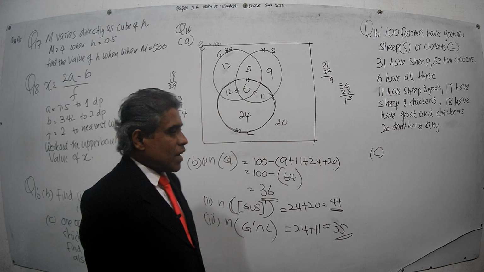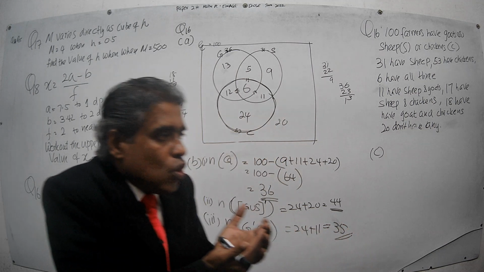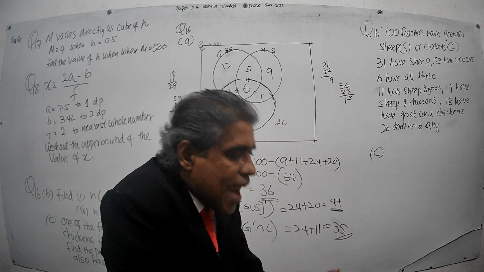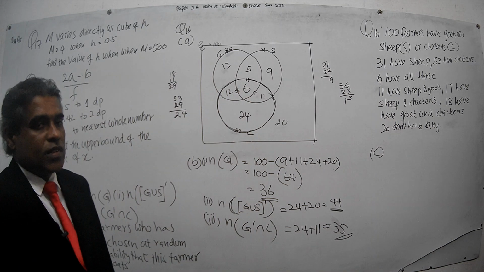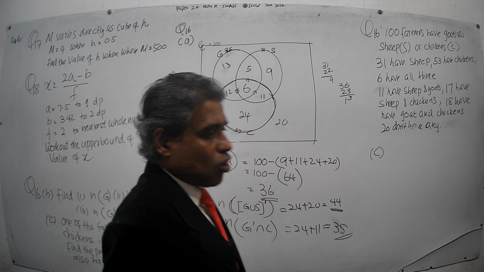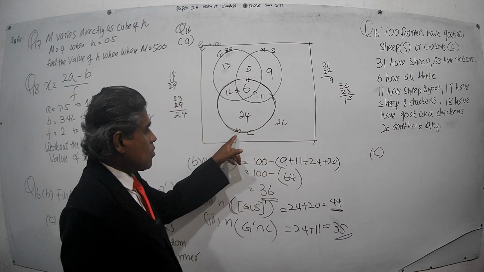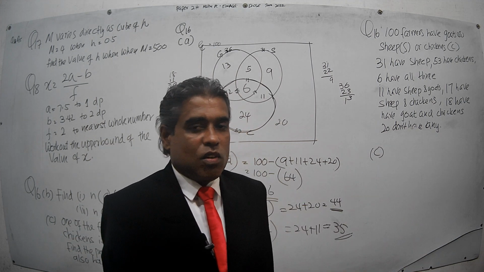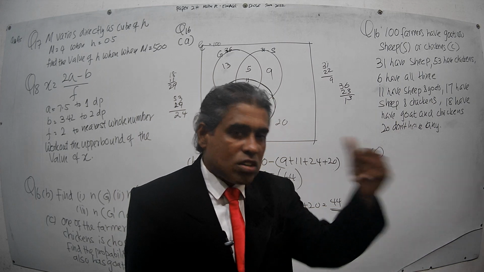Then you have to get the number of farmers who have chickens and goats both. I asked all the 53 farmers who have chickens to come to one place. I take them to one corner and ask, out of you, how many have goats?